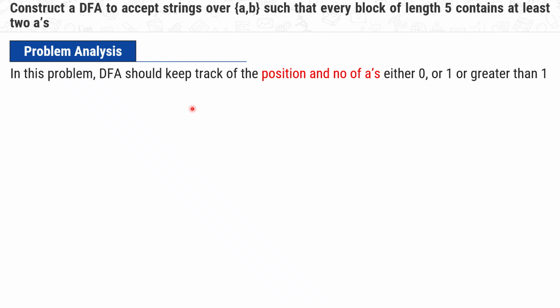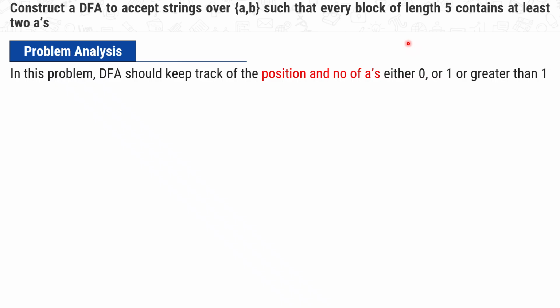In this problem, the DFA should keep track of the position and the number of A's: either 0 A's, 1 A, or greater than 1 A. But according to the problem statement, every block of 5 should have at least 2 A's.